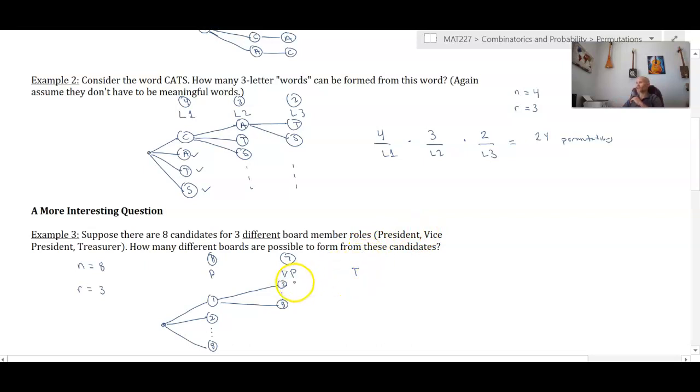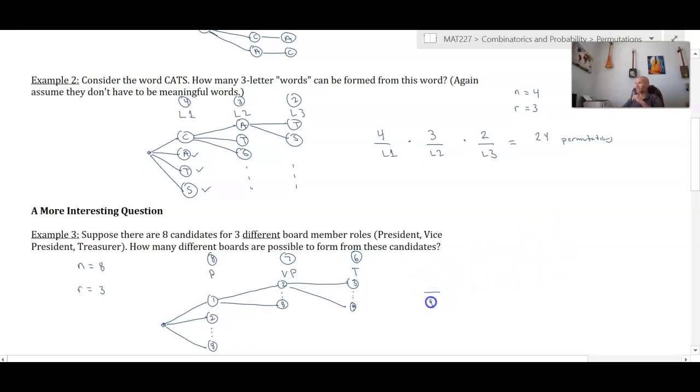And then for treasurer, you can imagine now that if candidate 1 is president, candidate 2 is vice president, then the treasurer can only be one of candidates 3 through 8. And again, this top rung of the tree just helps me get enough of a sense to see that I'm counting permutations here.